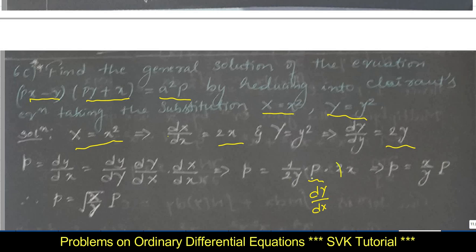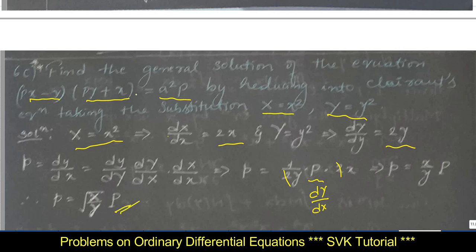Here 2 gets cancelled. You are left with x by y into capital P. So in terms of capital X and capital Y, we know that small x can be written as root of capital X and small y can be written as root of capital Y. So simplifying that, small p will be equal to square root of X by Y times capital P.